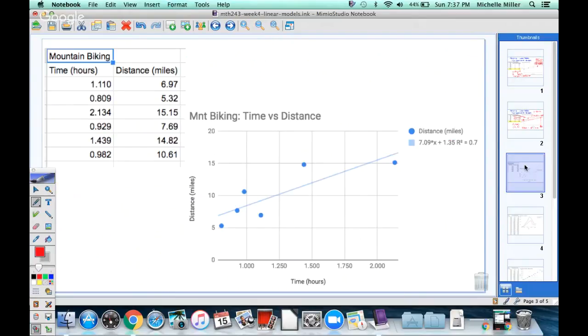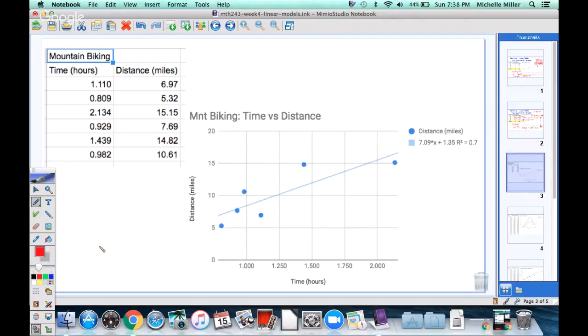So here, I like to mountain bike. So generally speaking, the longer I bike, the farther I go. And so here I have some times of mountain bike rides I've done recently versus the distance. And you can see that there's kind of a general uphill trend to the points. And I asked the computer here to find me a linear model to go with it.